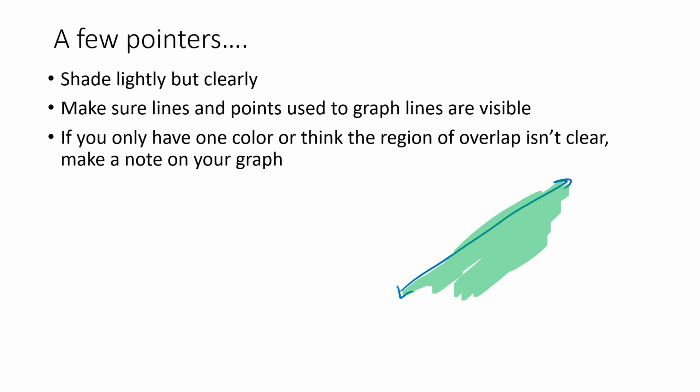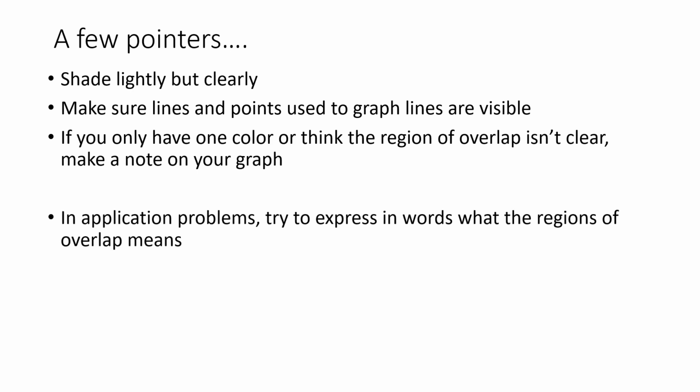So communicate with your teacher about what you intend to be your answer. And in application problems, try to express in words what the different regions of overlap mean. Like we did with the SAT and the GPA, what do the 4 categories mean, to evidence that you understand the entire problem.